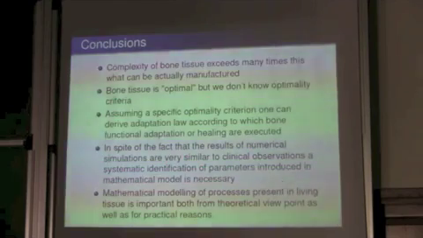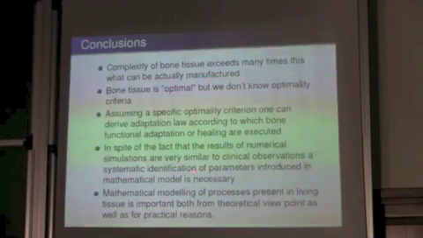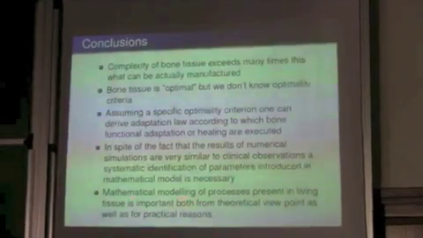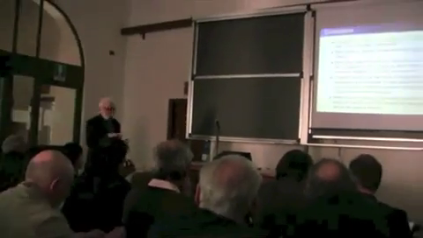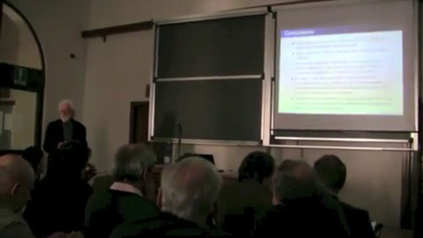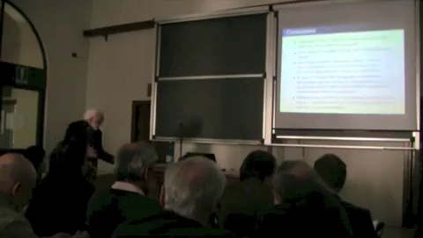In spite of the fact that the results of numerical simulations are very similar to the real cases observed in the clinic, we have to make identification of parameters. That's an important and very difficult task. And mathematical modeling is important both from a theoretical point of view and for practical issues. Thank you very much.